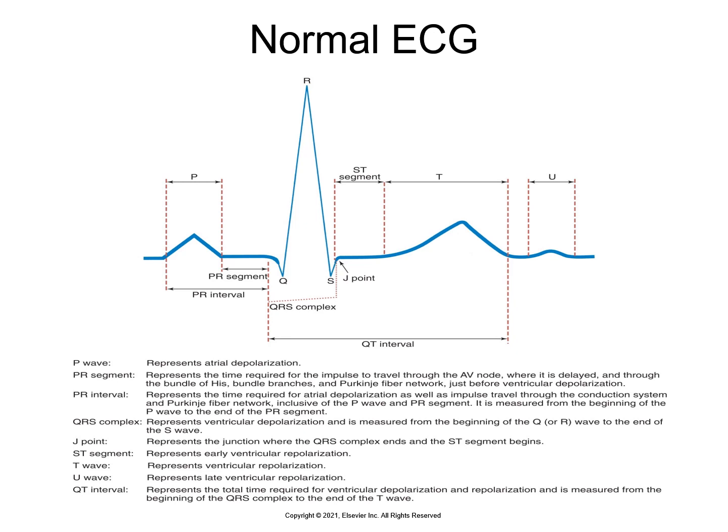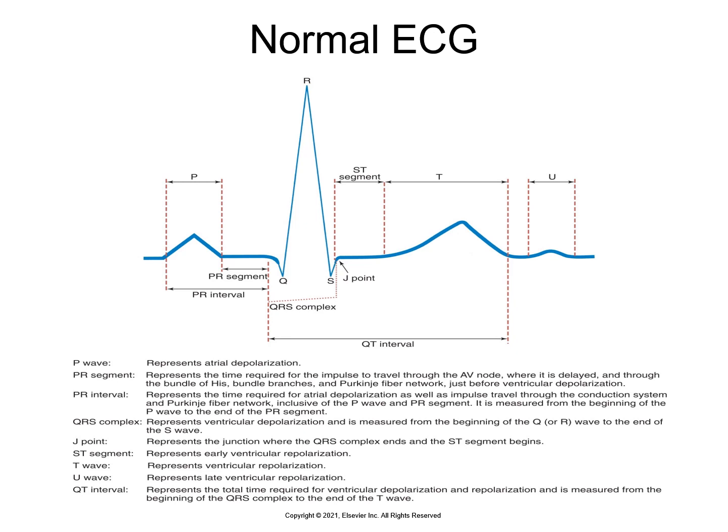That's the PR segment. The QRS segment is the ventricular depolarization, and it's measured from the beginning of the Q wave or the R wave to the end of the S wave.